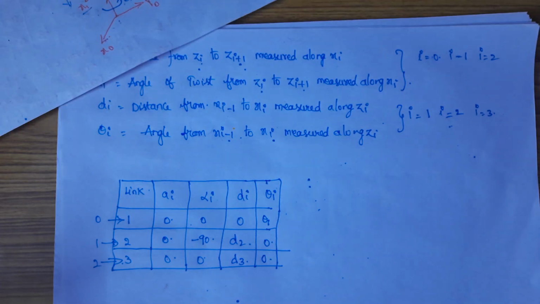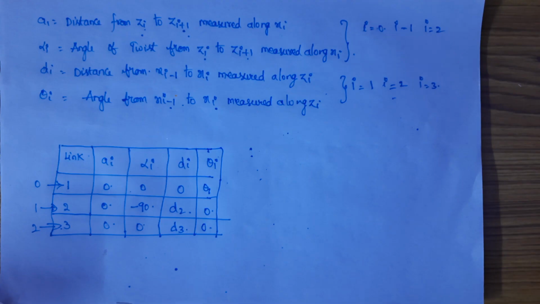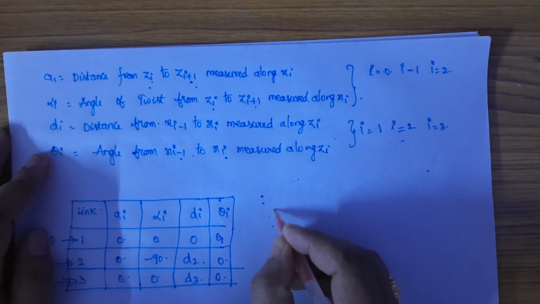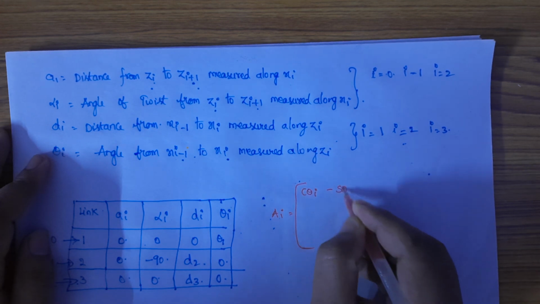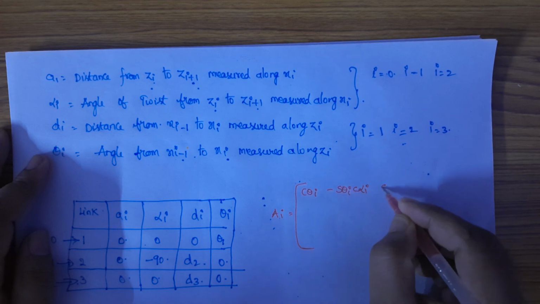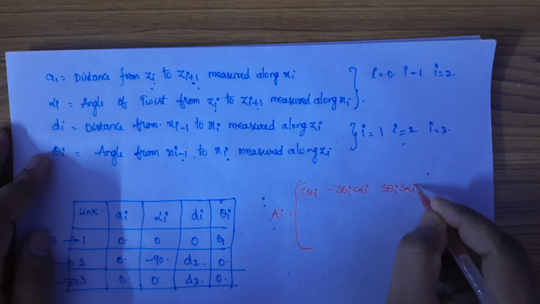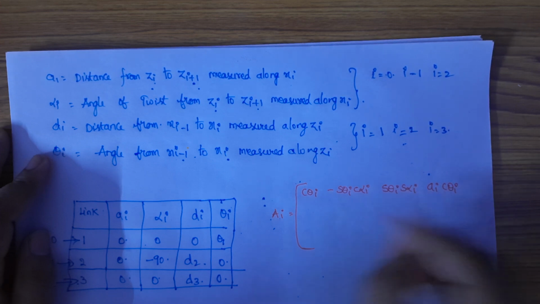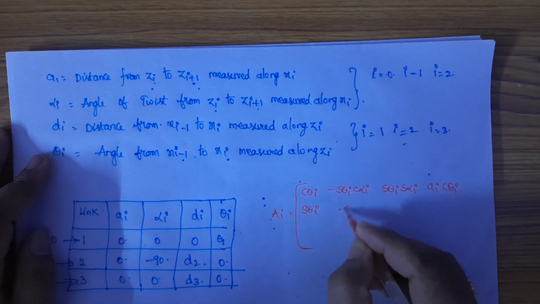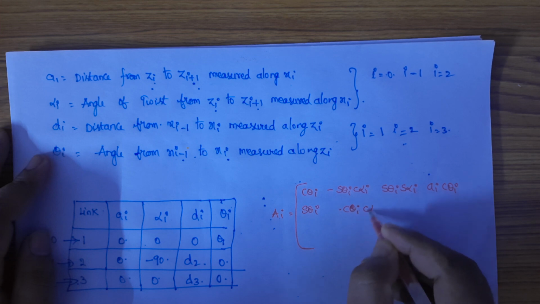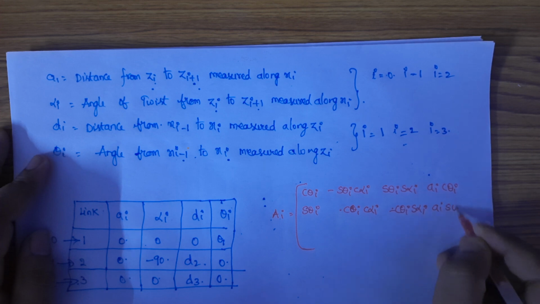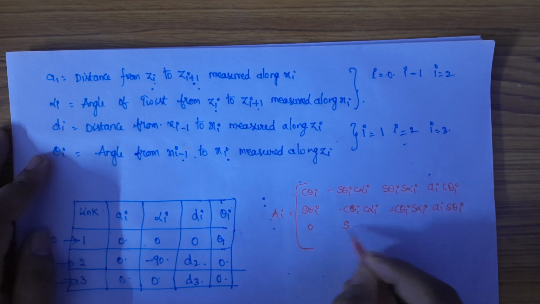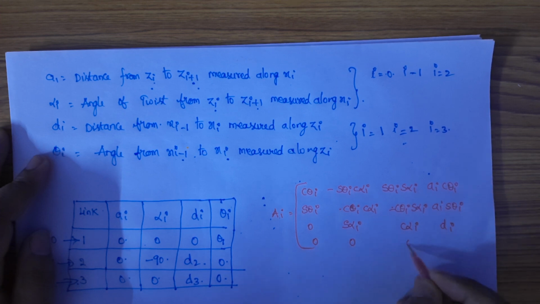And the last step is the transformation. For transformation we have the formula as A_i is equal to [cos theta_i, minus sin theta_i cos alpha_i, sin theta_i sin alpha_i, a_i cos theta_i; sin theta_i, cos theta_i cos alpha_i, minus cos theta_i sin alpha_i, a_i sin theta_i; 0, sin alpha_i, cos alpha_i, d_i; 0, 0, 0, 1].